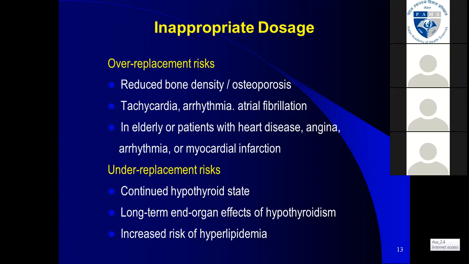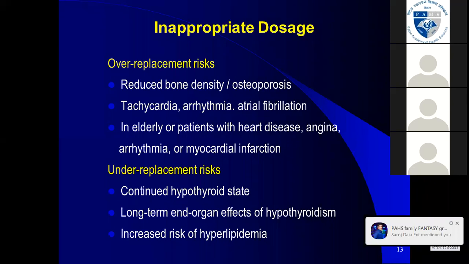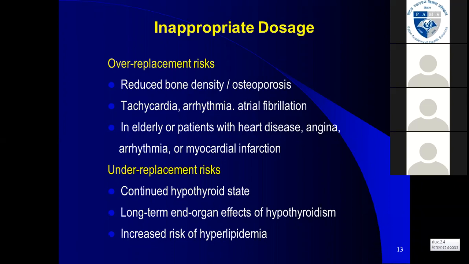In elderly patients or patients with heart disease, angina, arrhythmia, or myocardial infarction might occur. And under replacement risks are continued hypothyroid state, long-term organ effects of hypothyroidism, and increased risk of hyperlipidemia if we under replace the thyroxine dose.